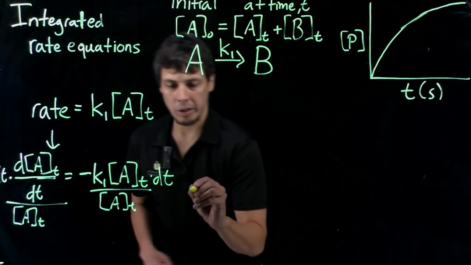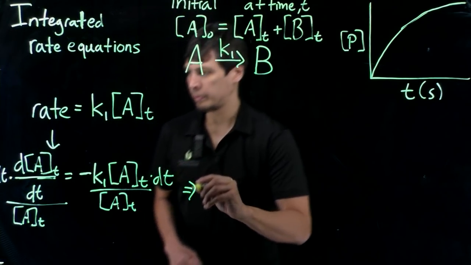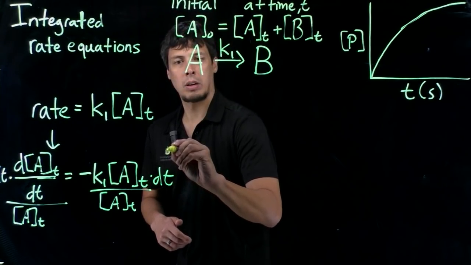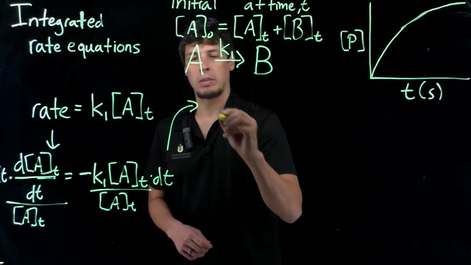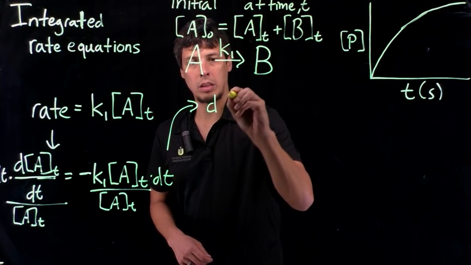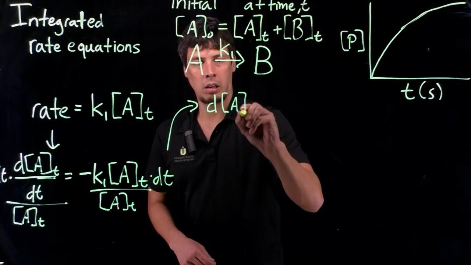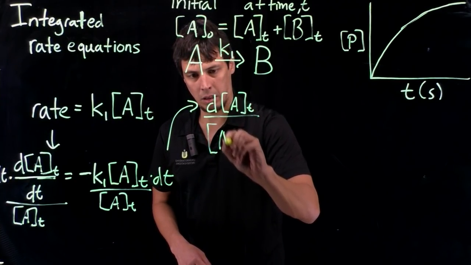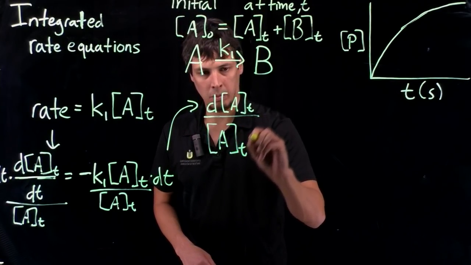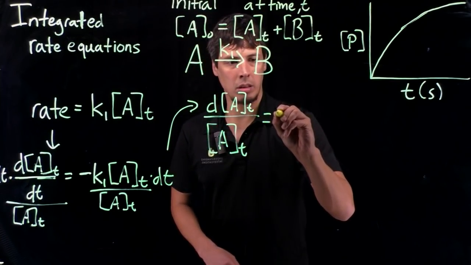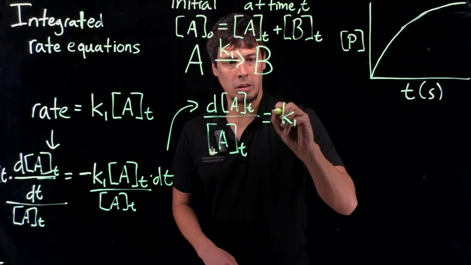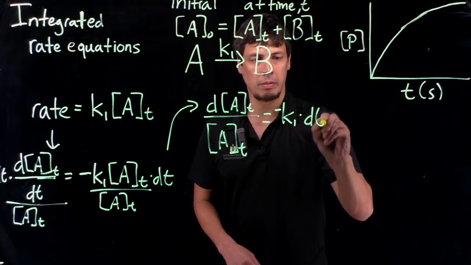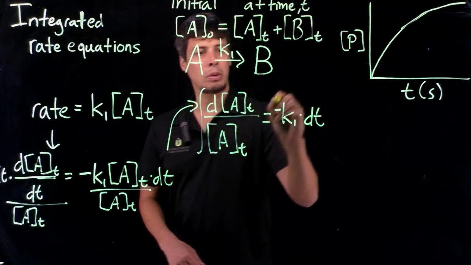That converts into an equation that looks like this: dA over A at t equals negative k1, note the negative stays there, times dt. We're going to integrate both sides.